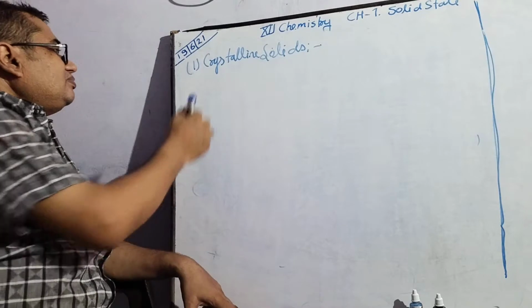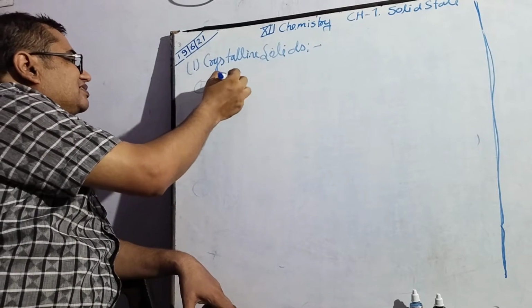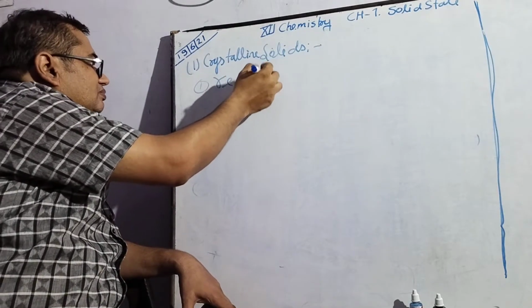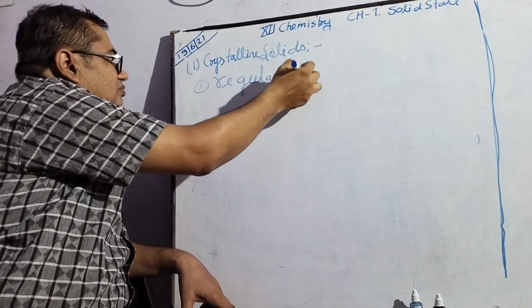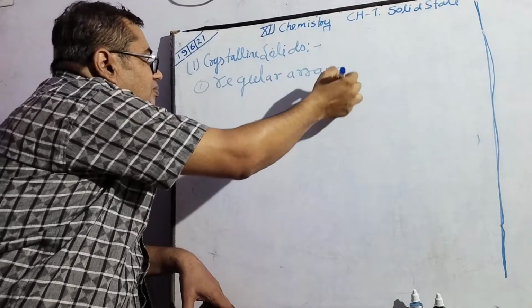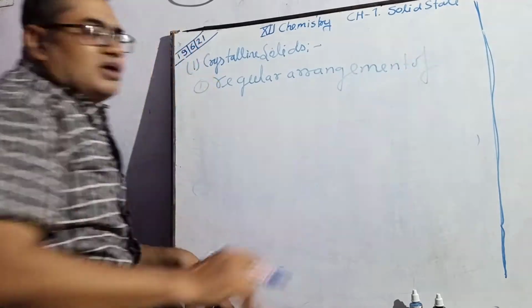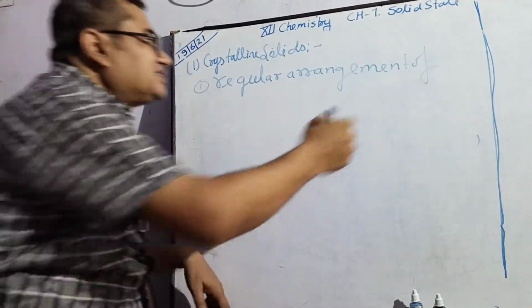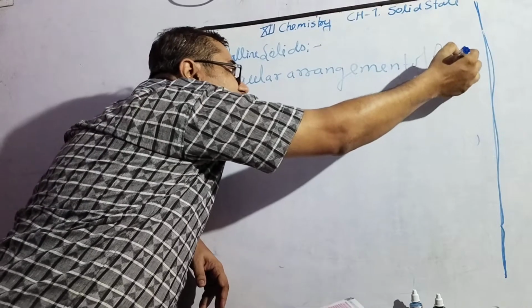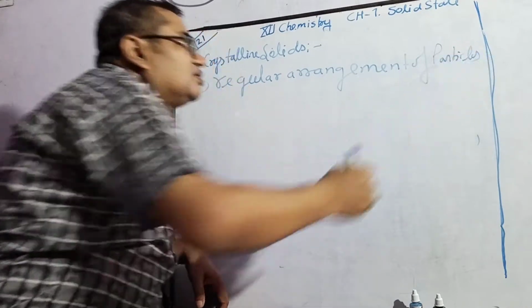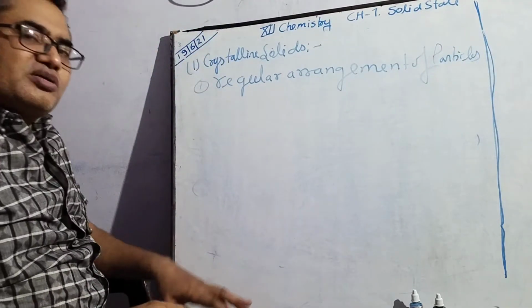Crystalline solids mean a regular arrangement of particles, that is atoms, ions or molecules.